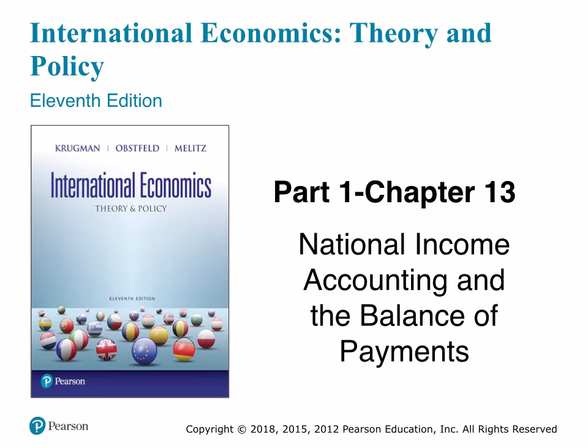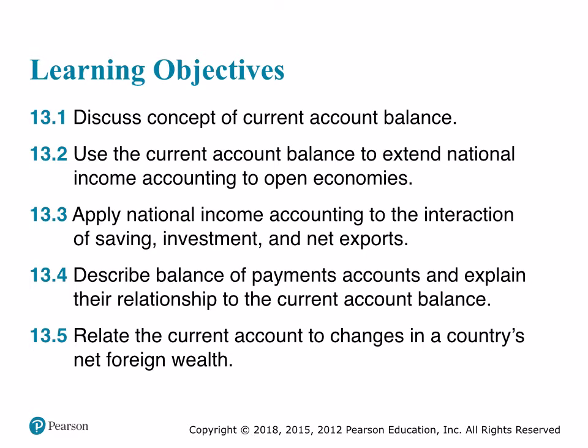Today I will talk about part 1 of chapter 13. I will be talking about national income accounting and the balance of payments of the United States. I will specifically discuss different components of national income and the balance of payments.